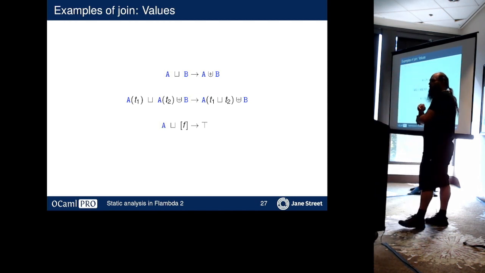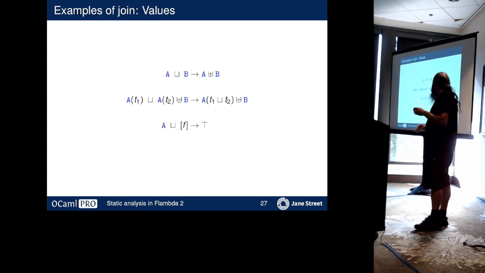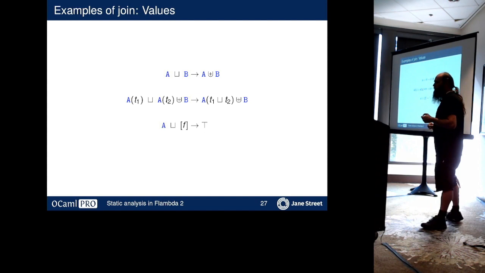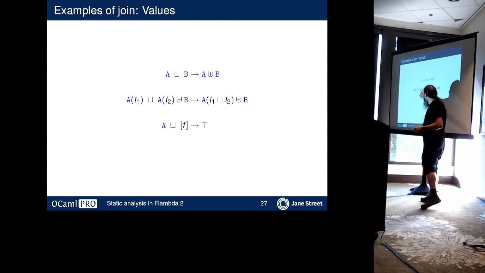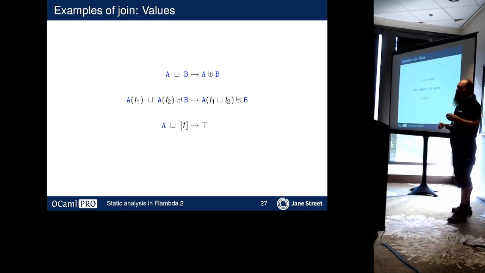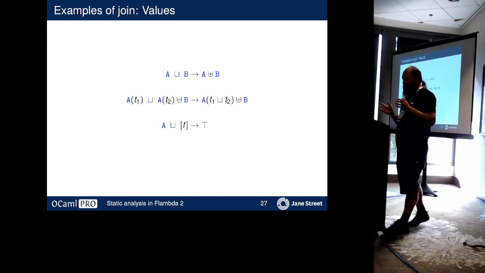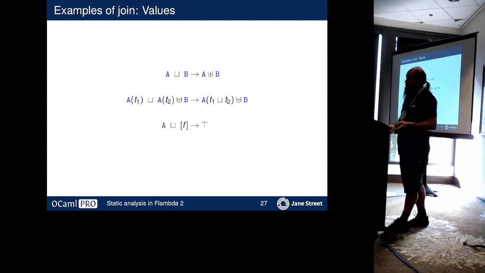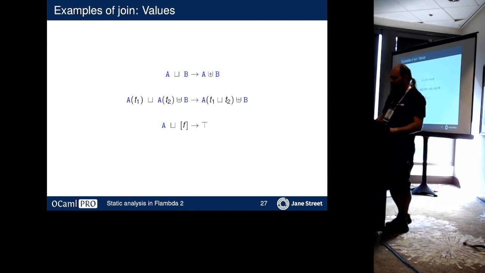So the join is quite simple. If you join things that are different, then you join them independently. But if you join things that are related, then we push the join below. So that's a place where we lose precision. But if you want to do abstract interpretation, at some point you're going to lose precision sometimes.